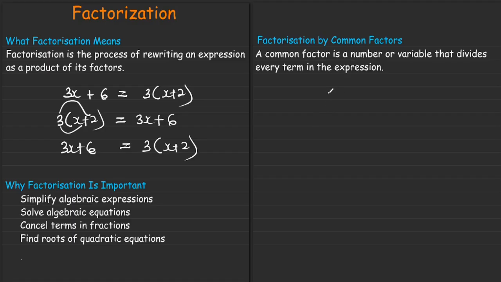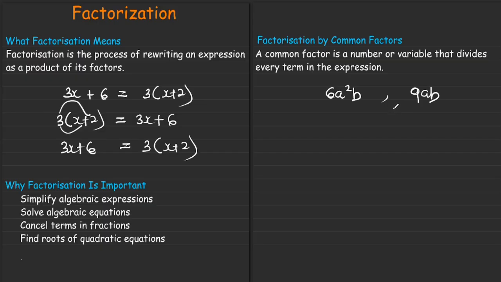If we take the terms 6a squared b and 9ab, and we want the common factors, let's first consider the numbers. So we have 6 and 9. What number can divide both of these numbers? It is 3. 3 can divide 6 and it can also divide 9. Though 2 can divide 6, it cannot divide 9. Hence, it is not a common factor.